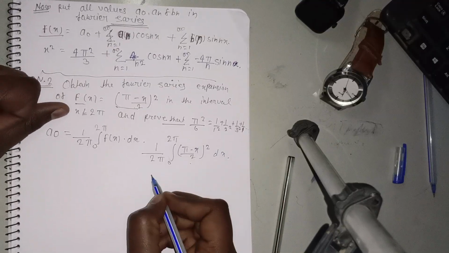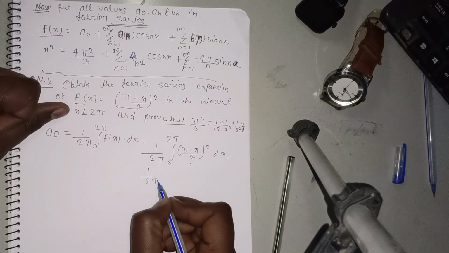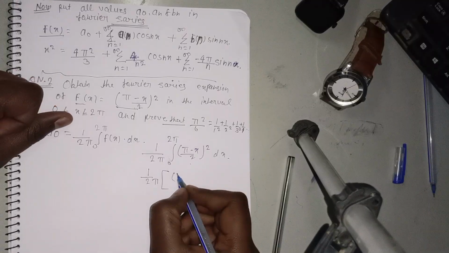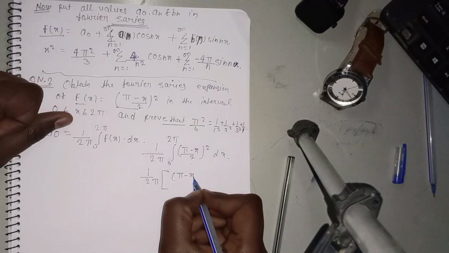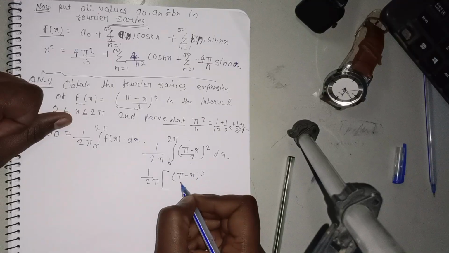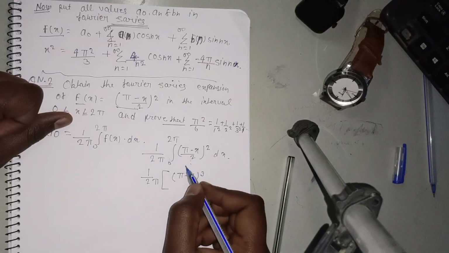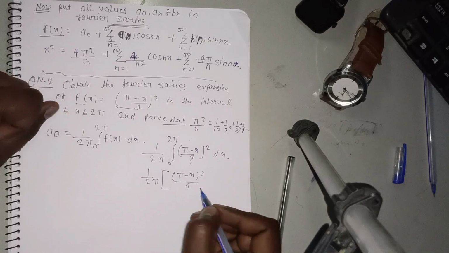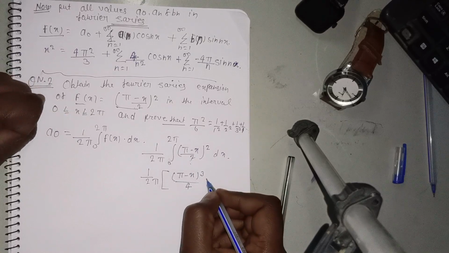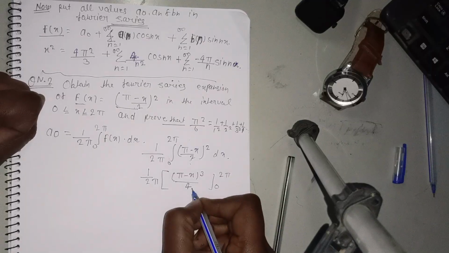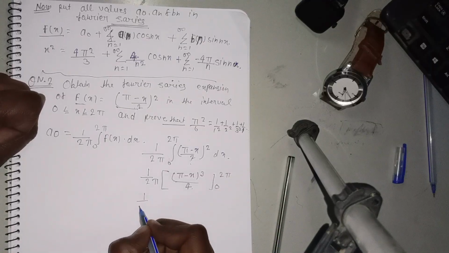So what is the integration of this? 1 upon 2 pi, pi minus x whole cube upon 2, 2 times 2 is 4, from 0 to 2 pi. So 4 can be taken outside, so 1 upon 8 pi.